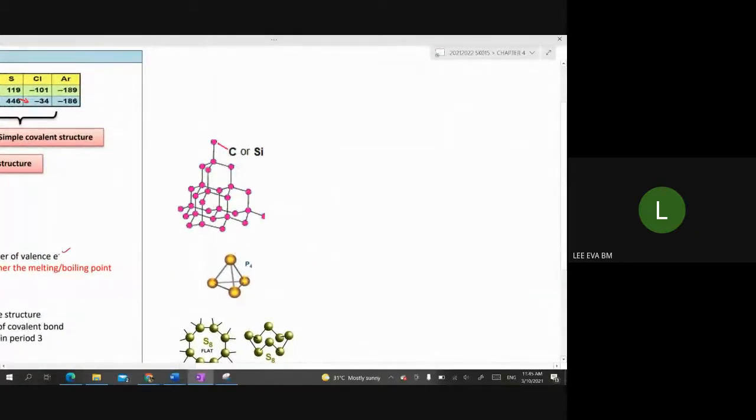Structure ini awak boleh Google untuk tengok, tapi madam tak masukkan dalam awak punya nota. Just for you to know what it means by giant network covalent structure. It means that for either silicon or carbon, carbon nanti dekat chapter 5 kita akan gunakan, giant network covalent. Cuma sekarang sebab period 3, so we talk about silicon first.